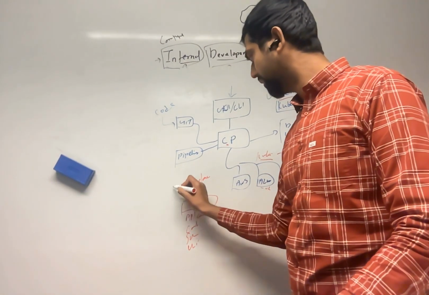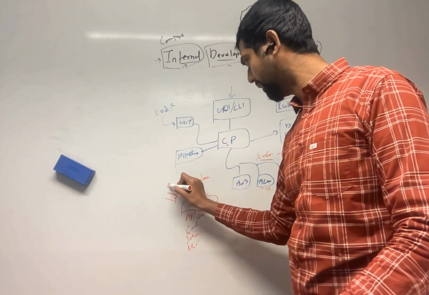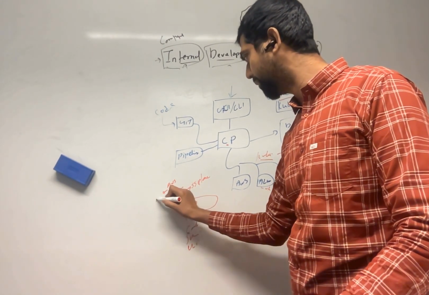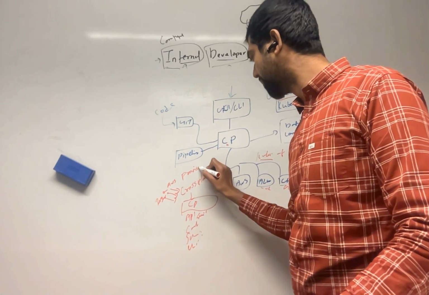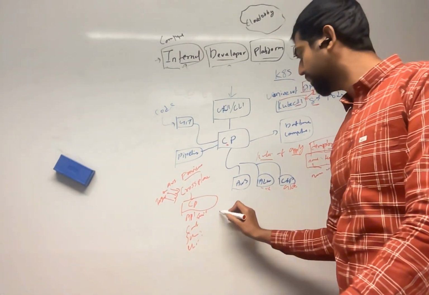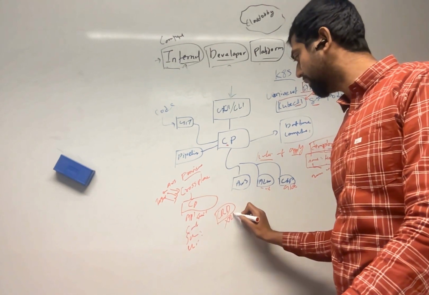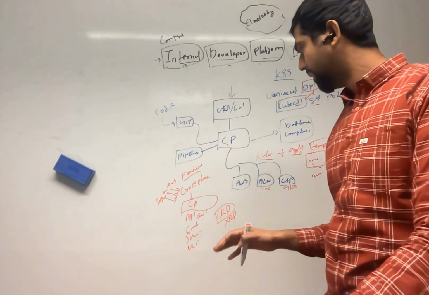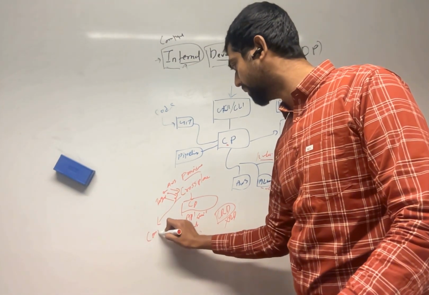Crossplane has different providers. It has providers such as AWS, Azure, Terraform. So for Kubernetes, we use custom resource definitions, XRD. Same way for Crossplane, we have something called composition.